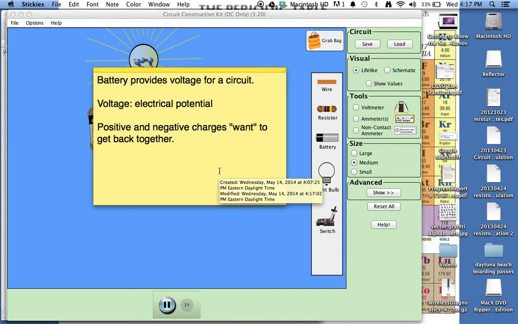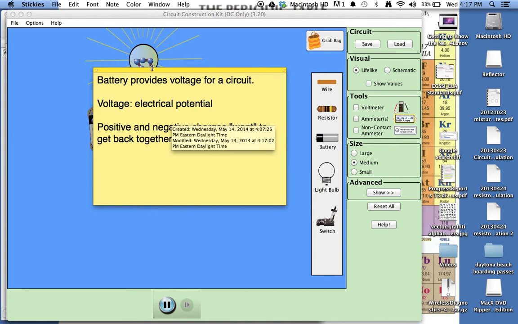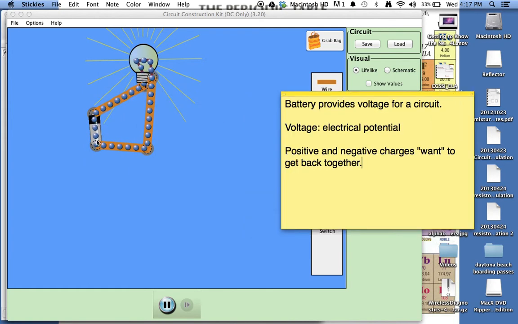I'm just saying that. Okay, so they can't get back together unless the circuit provides a path for them to get from one end of the battery all the way around to the other end of the battery. So they have all this energy, they really want to go, and once you give them a path, they go. Okay?